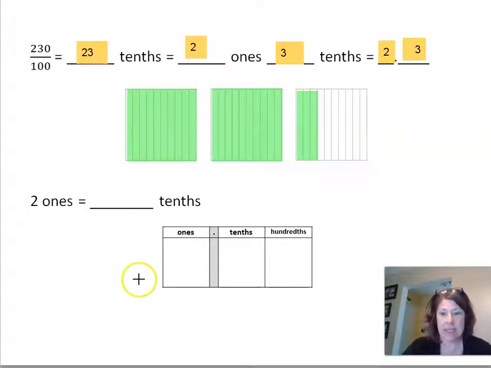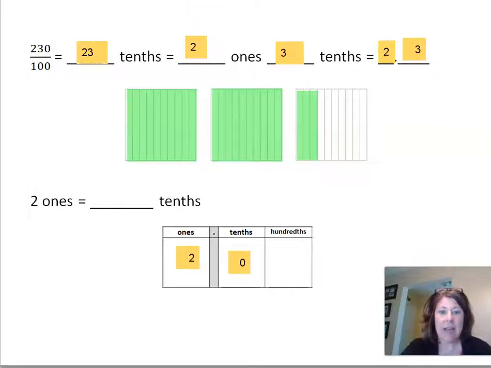If you go down to the next example, which is in number 2, we want to see how many tenths we can get from 2 ones. Well, I have 2 ones right here. 1, 2. But I'm going to go down here and I'm going to put 2 ones in the ones place. How many tenths do we have? Are there any in there? No. So I'm just going to fill in the number 0.